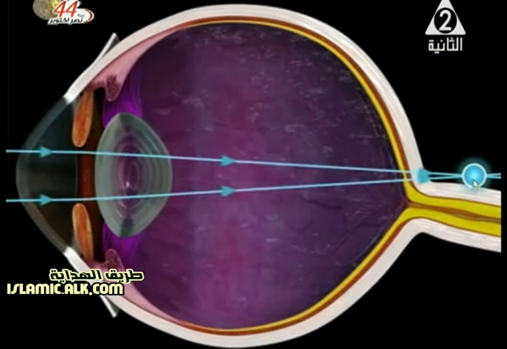The image is formed behind the retina in persons who suffer from long-sightedness. This is the difference between short-sighted and long-sighted persons. In long-sightedness, the image is formed after the retina. But in short-sightedness, the image is formed in front of the retina.